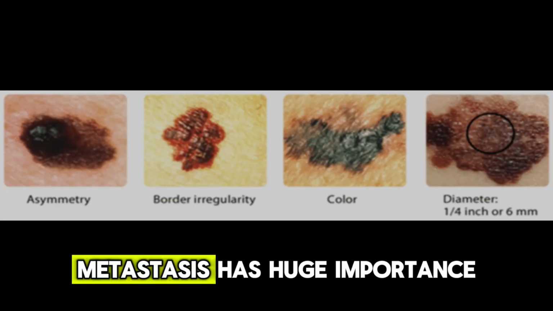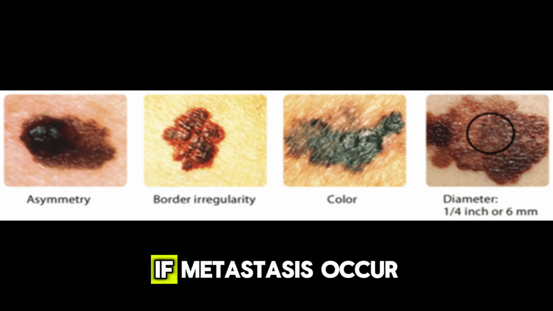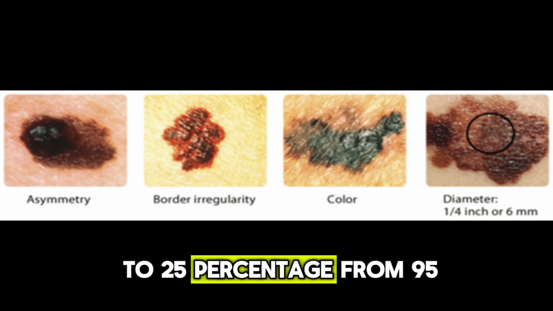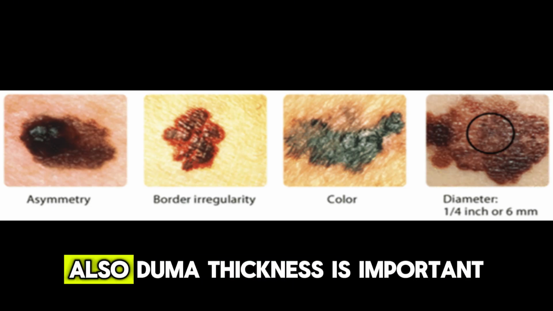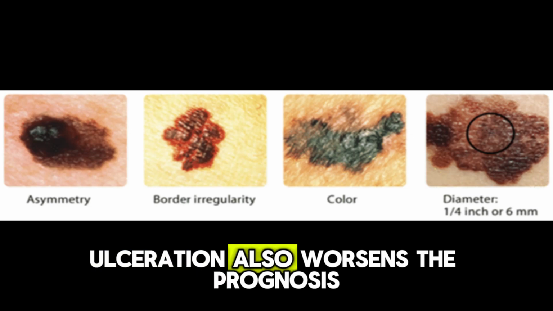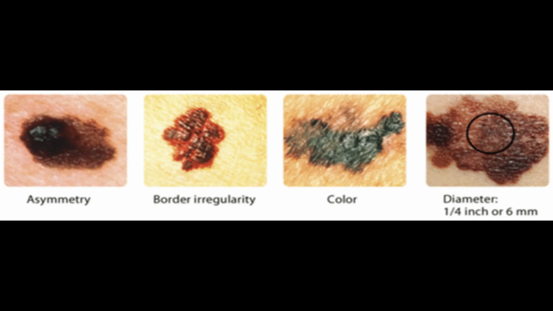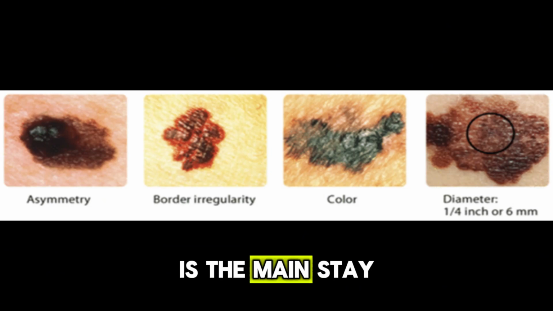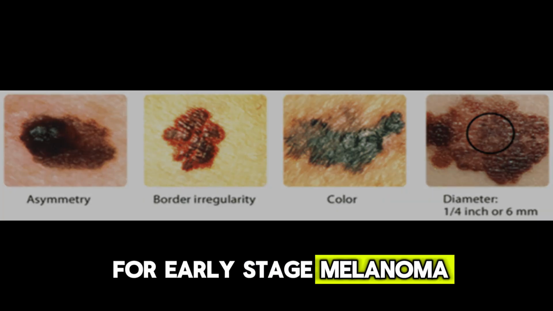For prognosis, metastasis has huge importance. If metastasis occurs, 5-year survival drops to 25% from 95%. Also, tumor thickness is important. Ulceration also worsens the prognosis. For treatment, surgical excision with appropriate margins is the mainstay for early stage melanoma.